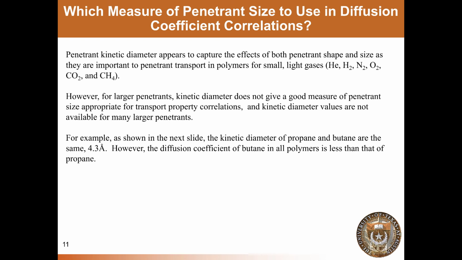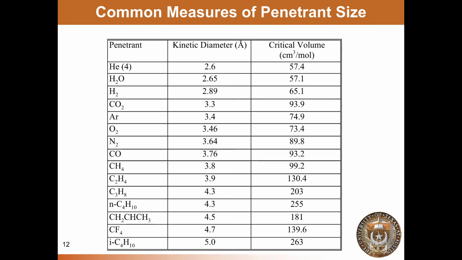So kinetic diameter, which captures the narrowest cross-sectional size of molecules, is often used to correlate diffusion coefficients of light gases in polymers. And it doesn't work as well for large molecules, for the reasons that the Brandt and Mears models fail for very large molecules.